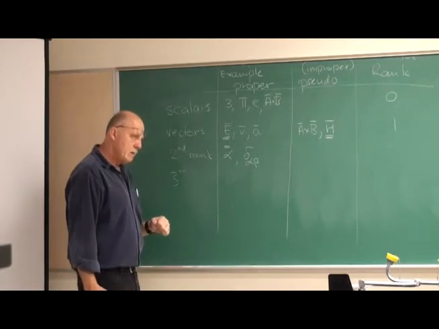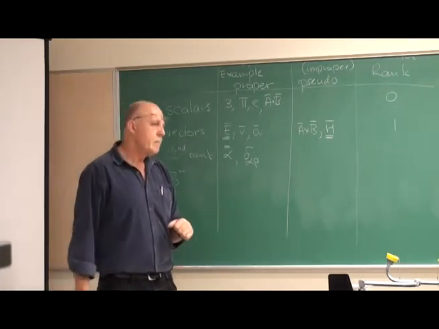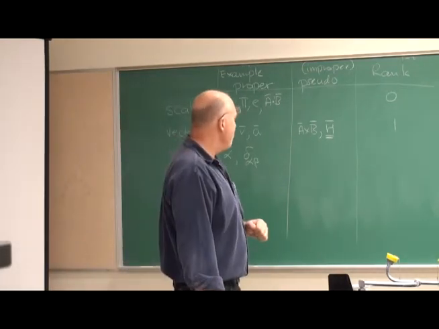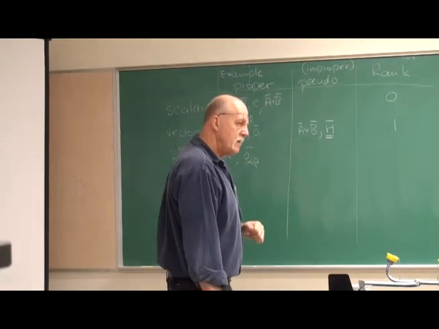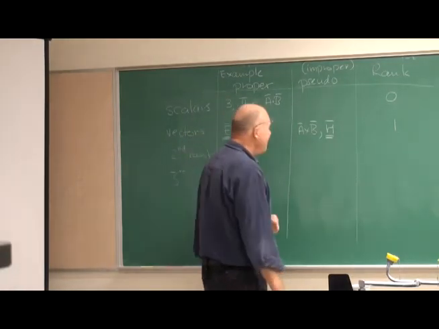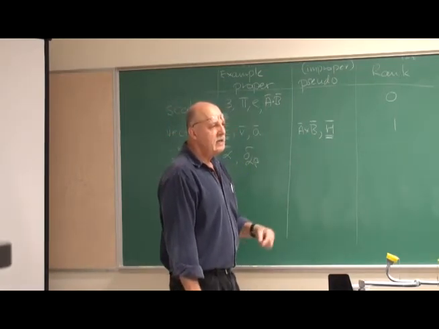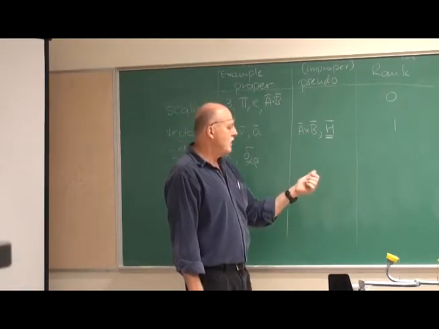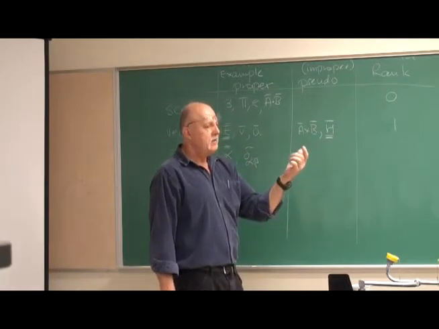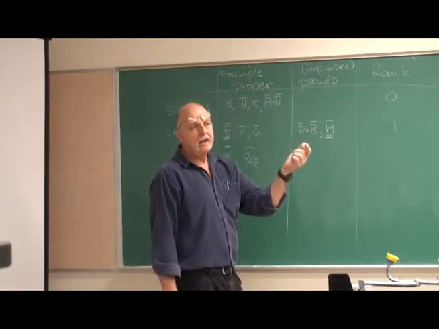But if A cross B and, for example, B is pseudo, is the product still pseudo? Yeah, so that's good. Now you can see how this has to work. If you have one pseudo guy combining with a proper guy, then it's going to be pseudo, right?